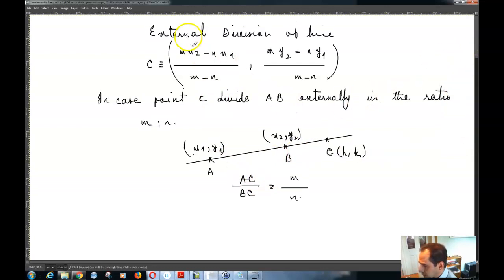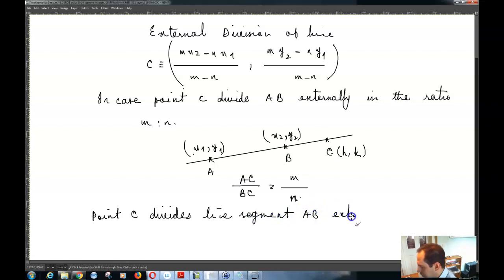To explain this situation to someone else, you can say that the point C divides the line segment AB externally in the ratio m to n. This is what this situation is.